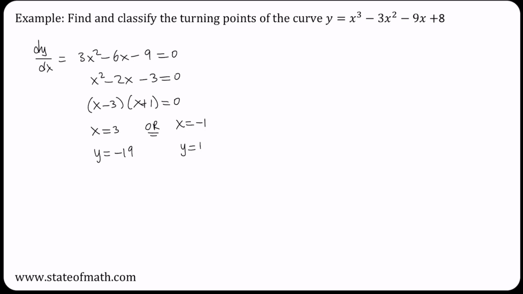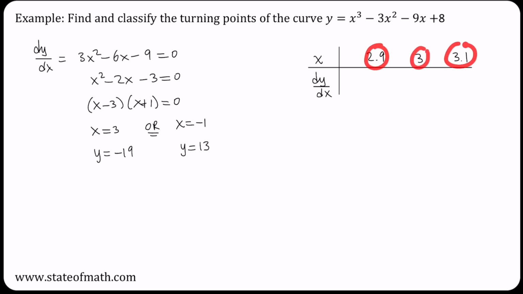So to determine the nature of the stationary points, I will draw up tables and investigate the sign of dy/dx on either side of each of these stationary points. So for x = 3, the table looks something like this. I've got the value of 3, and I go a bit to the left and a bit to the right, so 2.9 and 3.1 seem like sensible choices.